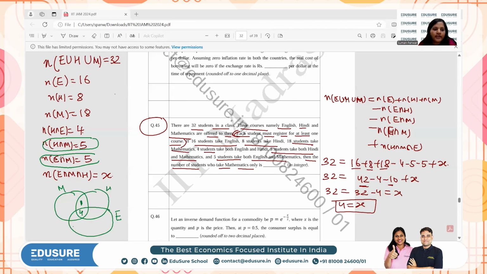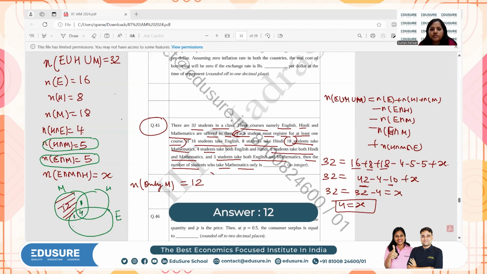So 4 are already here, so 1 will be here. Now what is the total number of students who take math? The total number is 18. So 4 plus 1 is 5, plus 1 is 6, so we should be having 12 here. So the number of people who take only math is going to be 12. So the answer is 12.